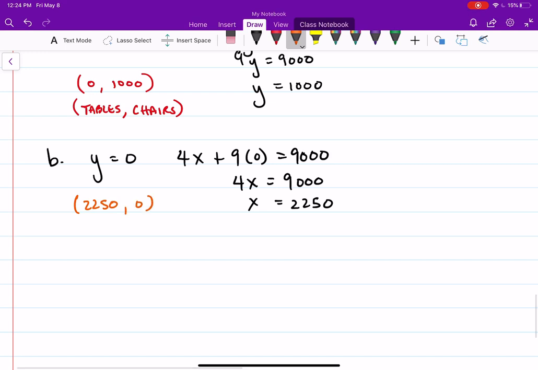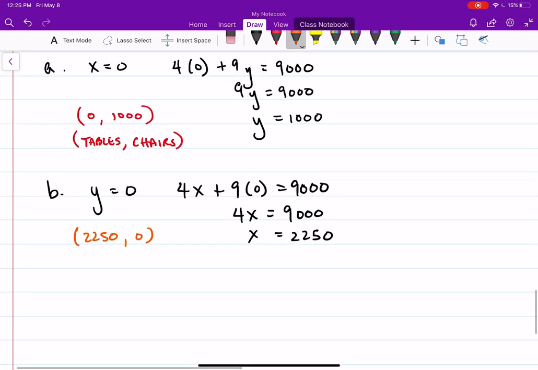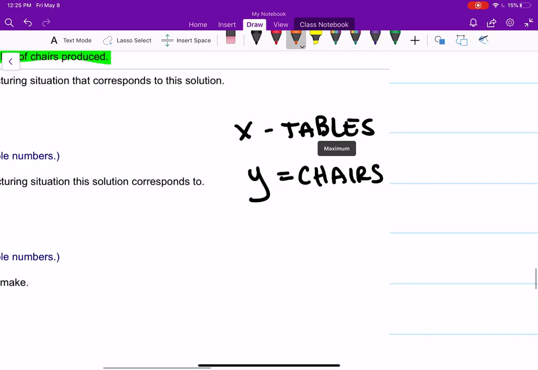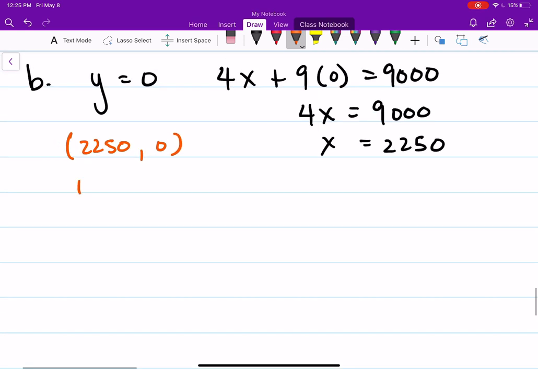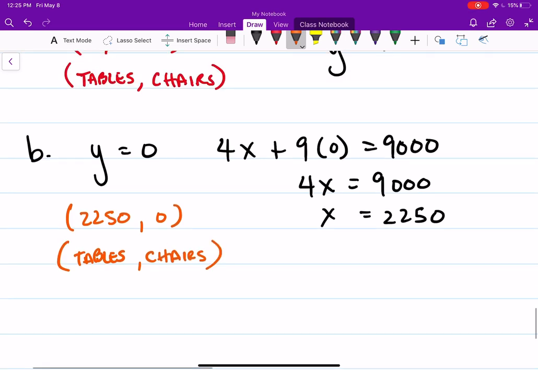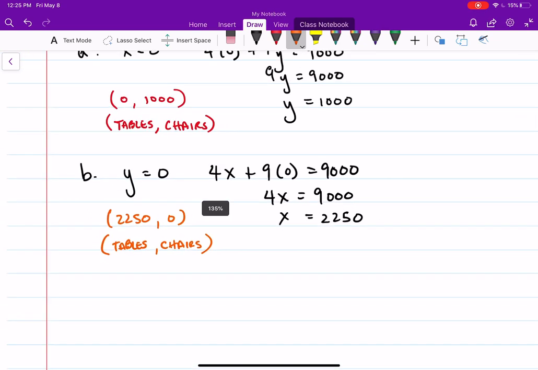So again, my y value is 0 and my x value is 2,250. My x value is tables, so this would be my tables, and this would be my chairs. So that means if I made no chairs, I can make 2,250 tables.